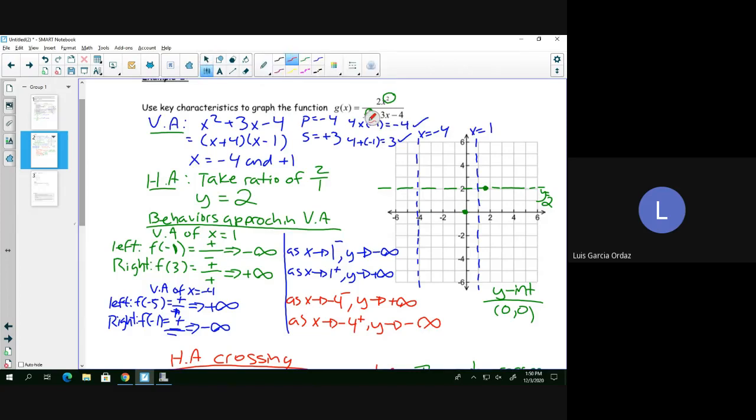Okay, so based off those behaviors, remember this is only a sketch, we can assume that the graph between those asymptotes goes like this. Does that red graph make sense based off our behaviors approaching the vertical asymptotes?